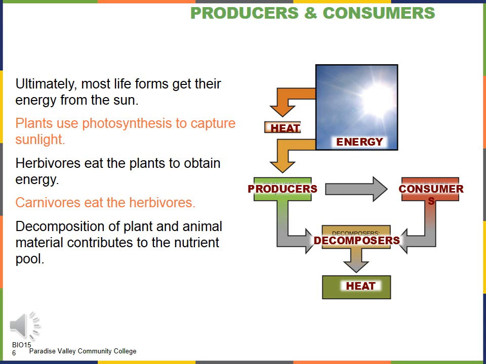Consumers, as we noted previously, cannot make their own energy. They cannot take energy from the sun and convert it into usable energy. The only thing they gain from the sun is warmth.